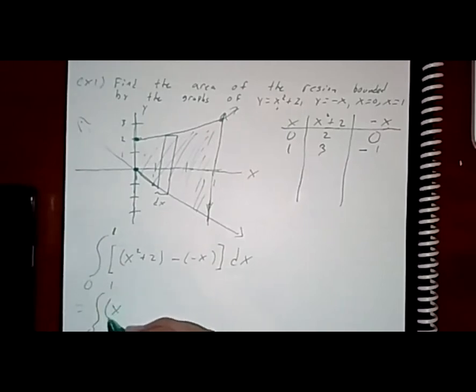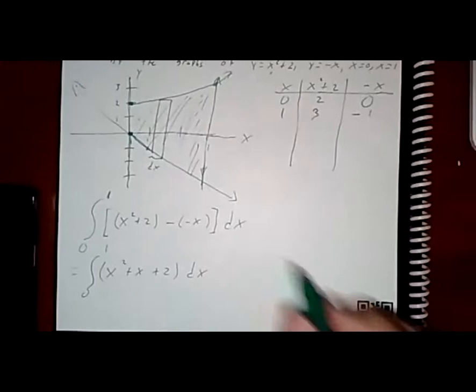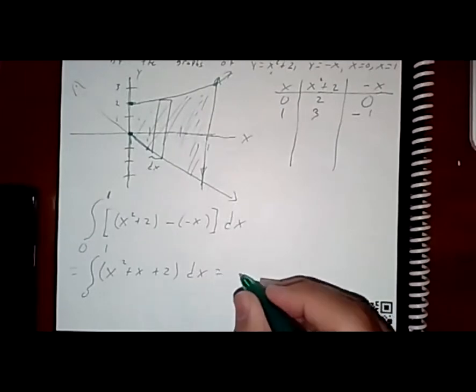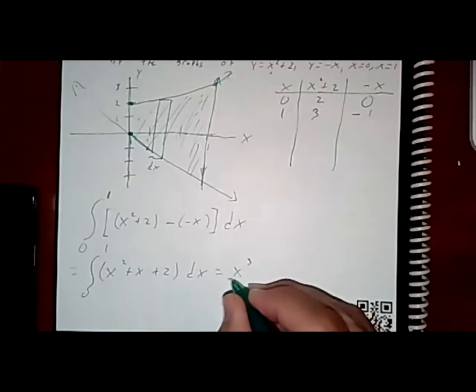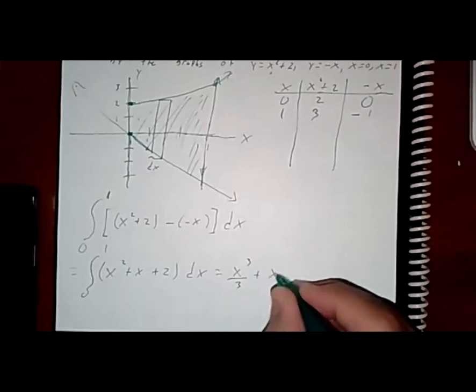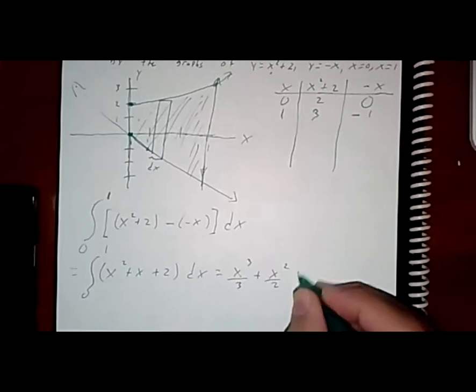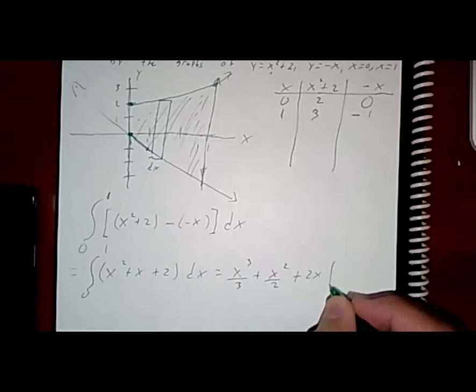Okay. So I'm just going to simplify a little bit and integrate. So that'll be x cubed over 3 plus x squared over 2 plus 2x from 0 to 1. And then you do the fundamental theorem, right?